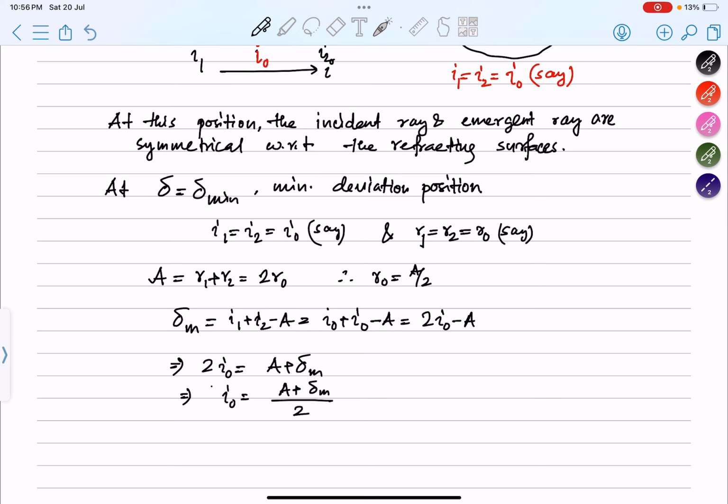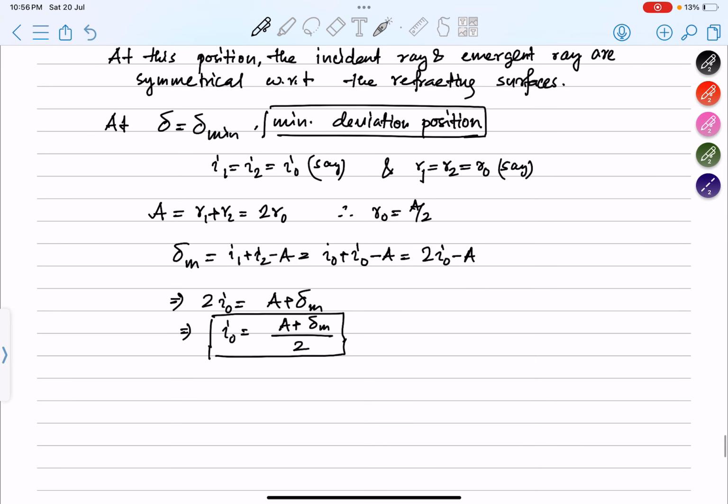So this is an equation which you should remember for the minimum deviation position. The angle of incidence is this, and the angle of emergence.